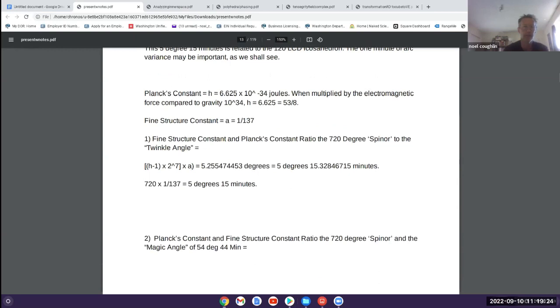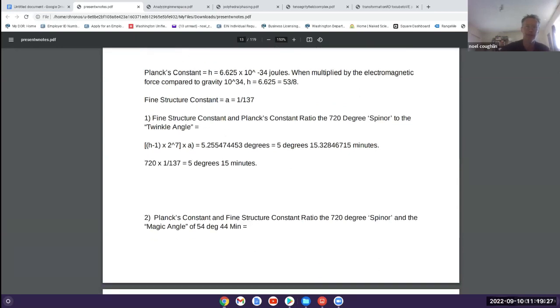Planck's constant equals 6.65 times 10 to the negative 34 joules. When multiplied by the electromagnetic force compared to gravity, 10 to the 34 power, h equals 6.65, which is a natural number, 53 divided by 8. The fine structure constant alpha is 1 divided by 137.